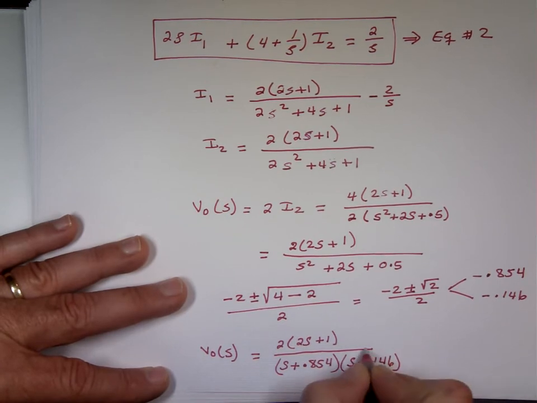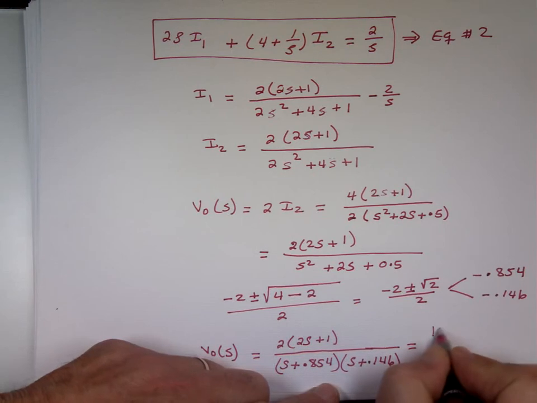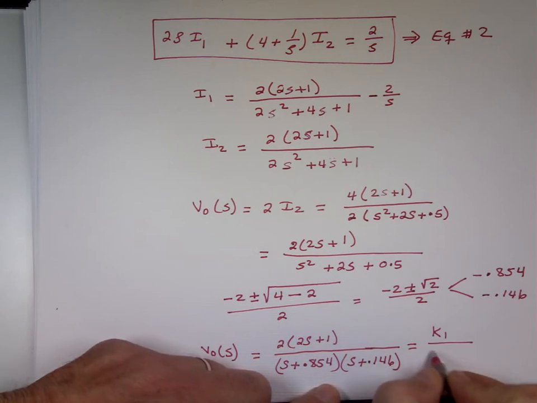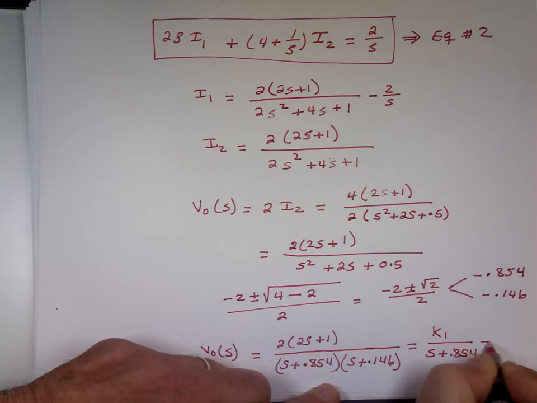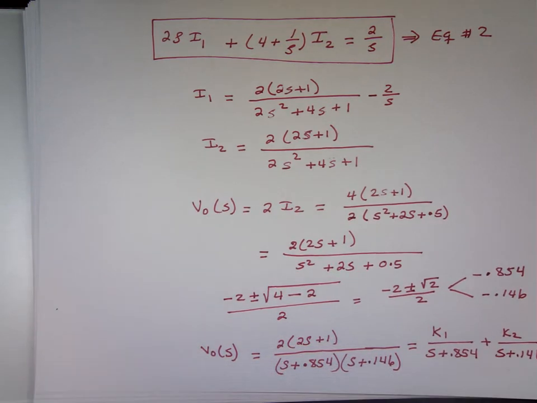Nobody said we have to have perfect numbers. You can break it down to K1 over S plus 0.854 plus K2 over S plus 0.146. And if I know K1, K2, I just solve for that as a function of S.